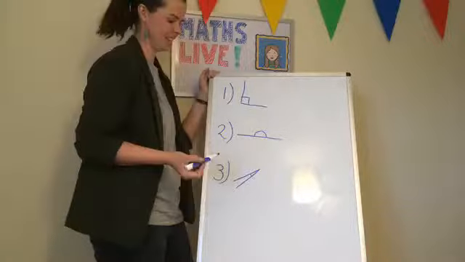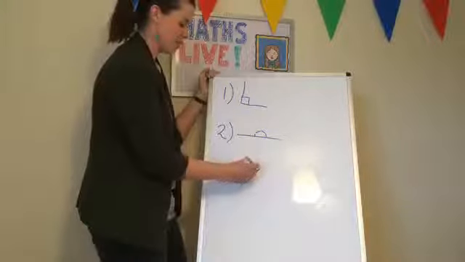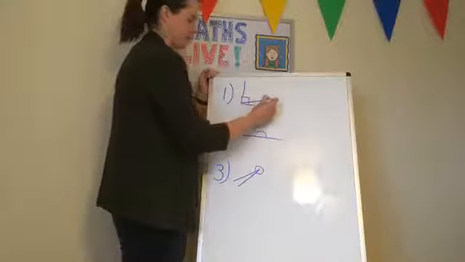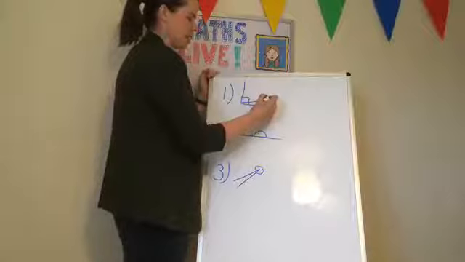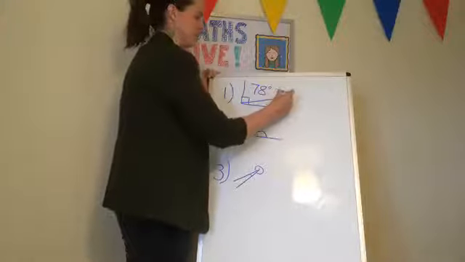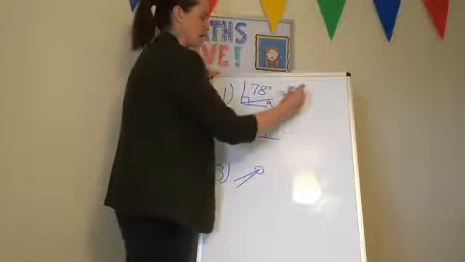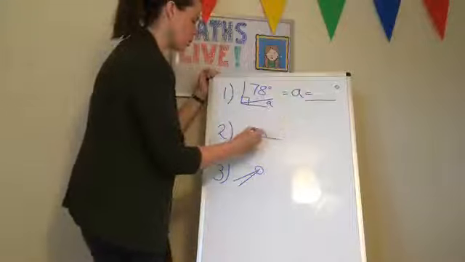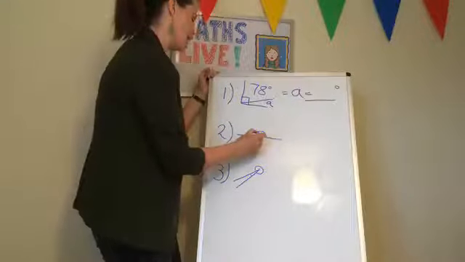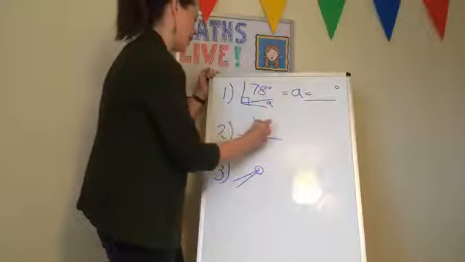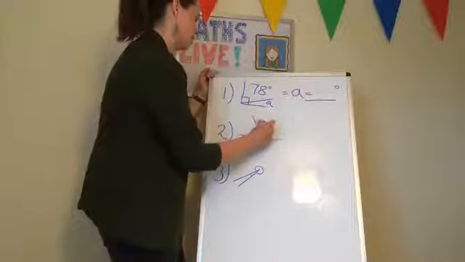Doing it a bit differently today. So let's have a look. So this is 78 degrees. So this is A. So A is what? With this one, I'm going to do it as 108 degrees.